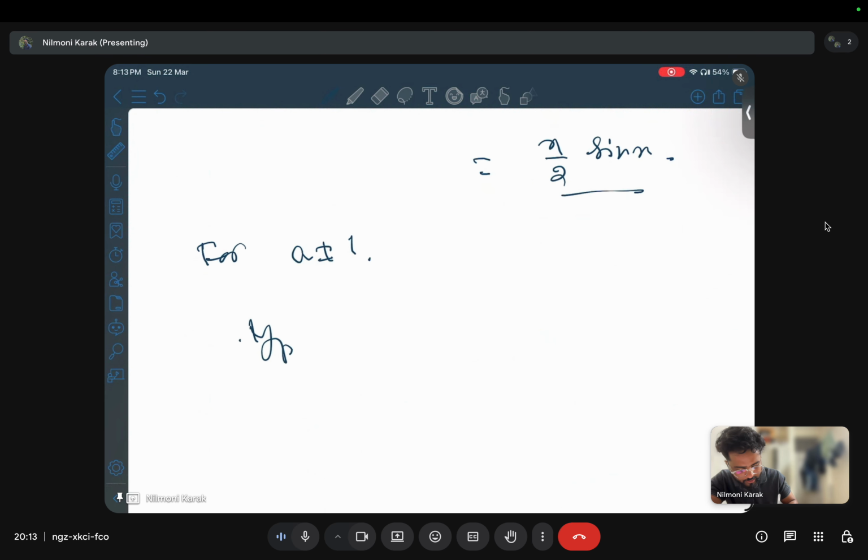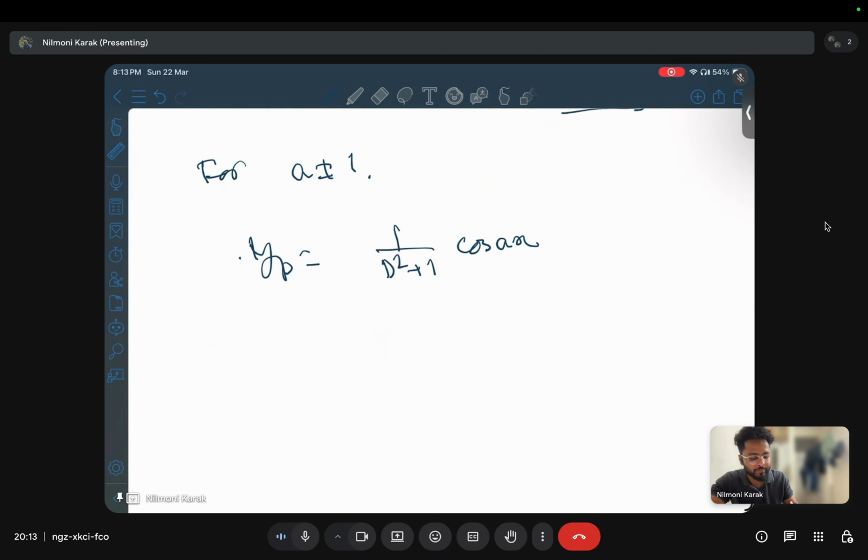Okay, that is the real part. For a not equal to 1, yp equals 1 by (D square plus 1) cos ax. Since a is not equal to 1, we can simply write cos ax by 1 minus a square, putting D square as minus a square.